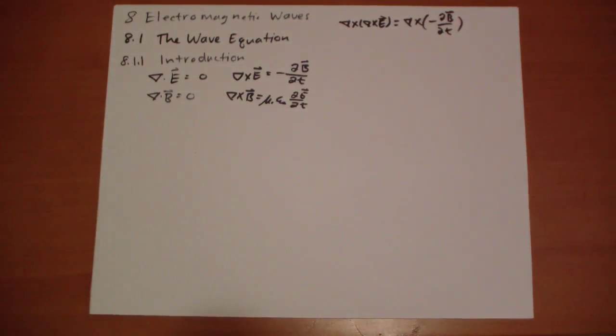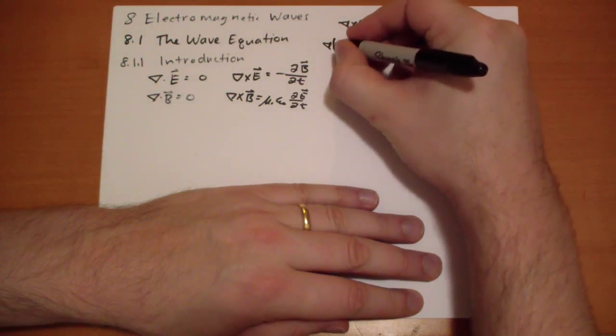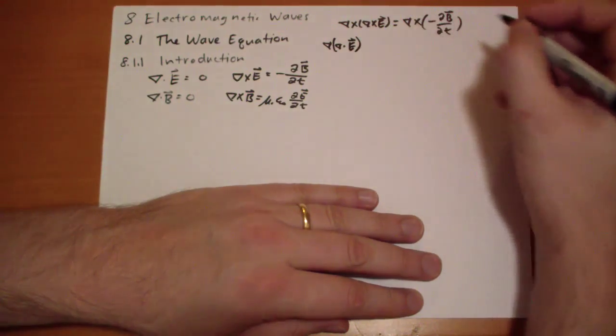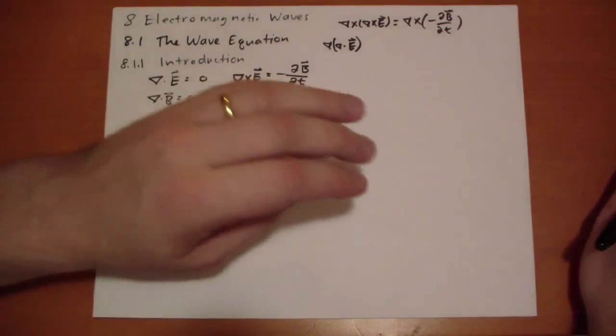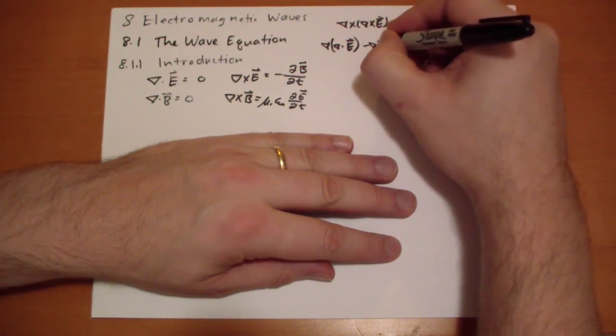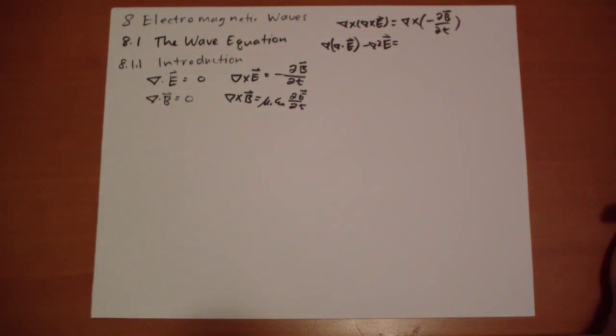Well, the curl of the curl, if you look in the front cover and remember multivariable calculus, is just the gradient of the divergence of E, which is going to end up being 0 because we're not dealing with any charge, minus the Laplacian of the E vector. That's the Laplacian of the x component in the i hat direction, the Laplacian of the y component in the j direction, the Laplacian of the z component in the k hat direction.